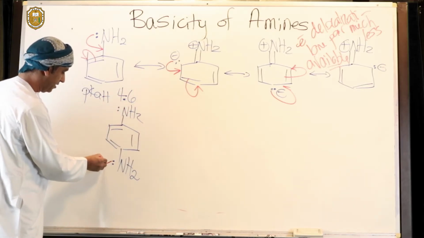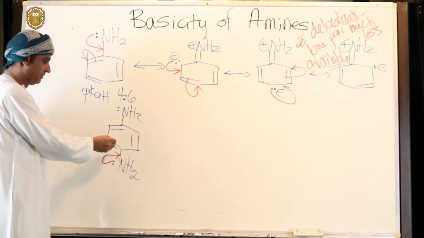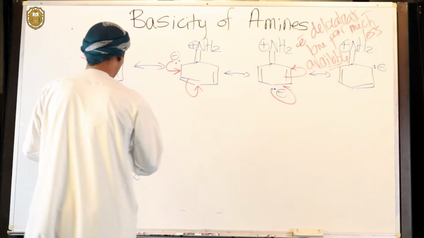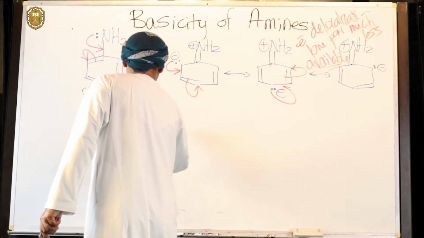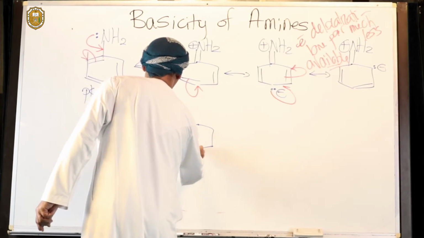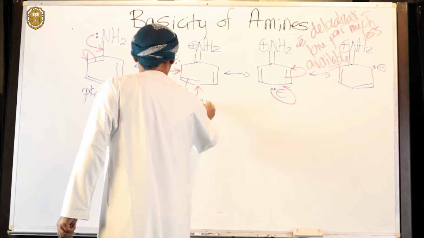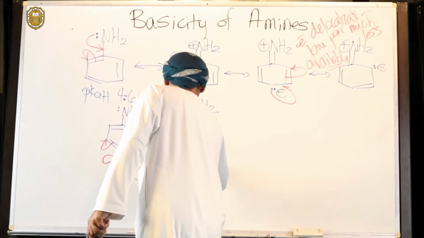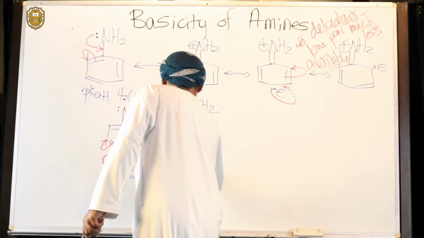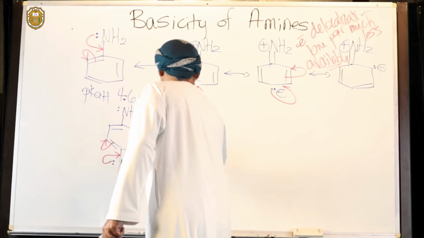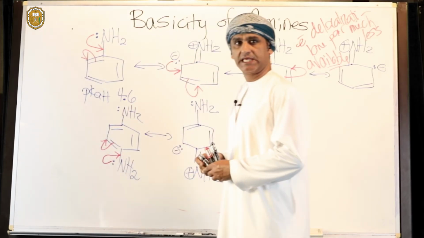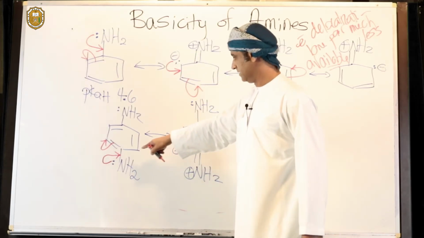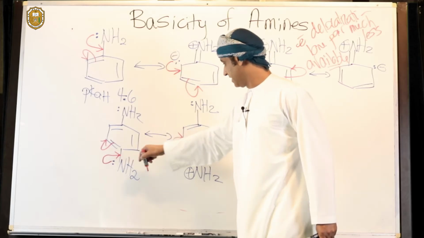So we take the lone pair on nitrogen, we make a double bond here, and then we try to delocalize electrons, so we get another form. So this is the resonance form, and now we can continue with the delocalization of the electrons on that nitrogen.